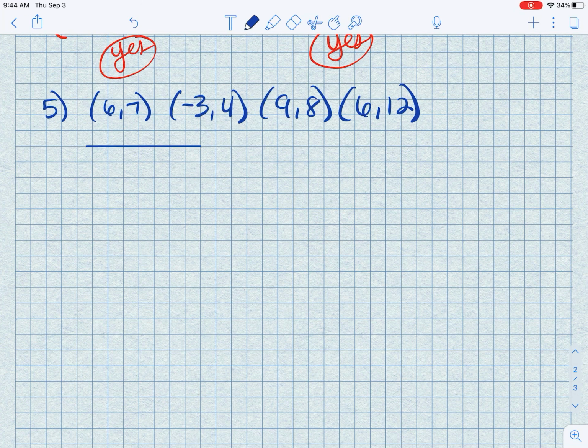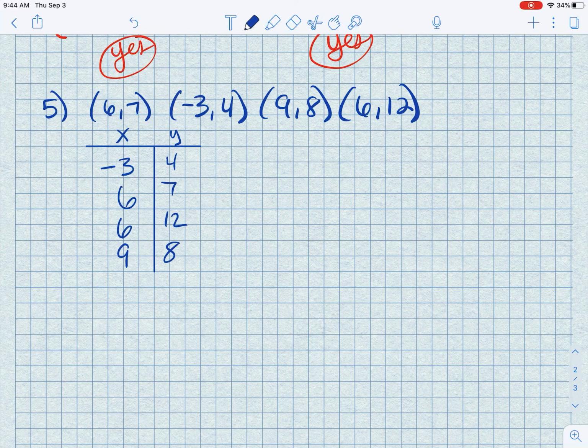So if we have a table, remember your x's are listed first with a table. So here's my x's, here's my y's. You can either put them in order there or numerical order. So I have -3, 6, 6, 9. So -3 went with 4, 6 goes with 7, 6 goes with 12, 9 goes with 8. So I just listed each of my points.